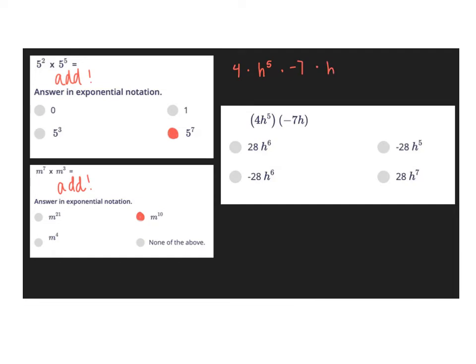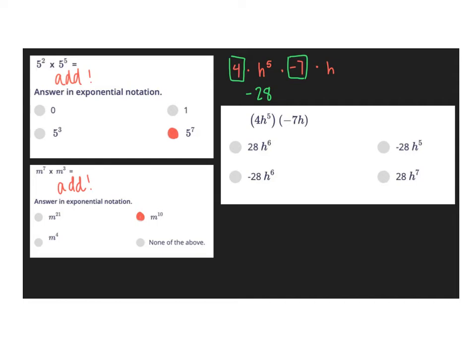Okay? First thing I want to do is simplify my numbers. So here are my like terms, a 4 and a negative 7. I can go ahead and multiply those two together. 4 times negative 7 is negative 28.